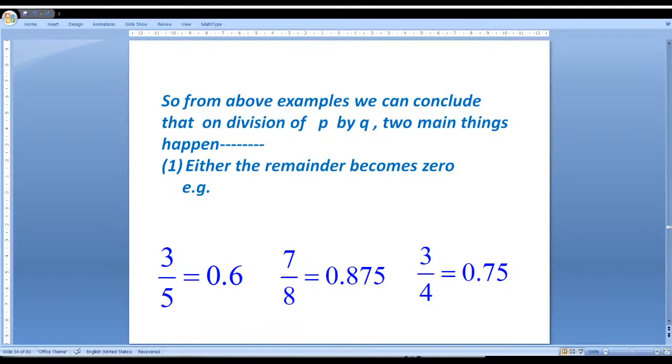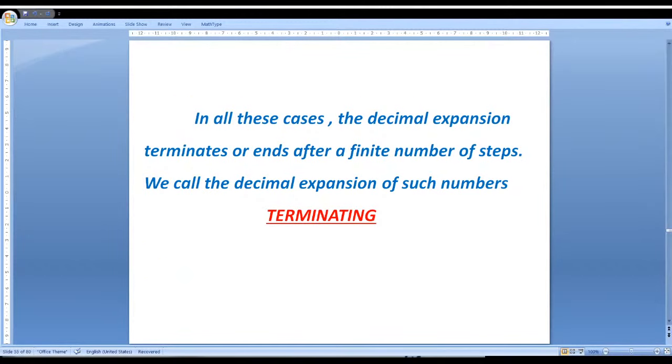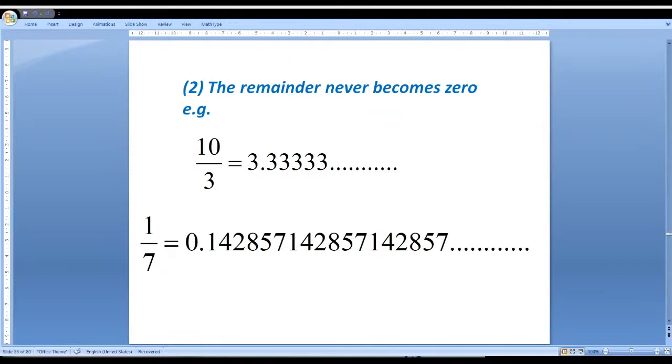Here you see that 3 by 5 is equal to 0.6, 7 by 8 is equal to 0.875, 3 by 4 is equal to 0.75. So in all these cases, the decimal expansion terminates or ends after a finite number of steps, and we call the decimal expansion of such numbers terminating. For 10 by 3, which is equal to 3.3333, the remainder never becomes 0.